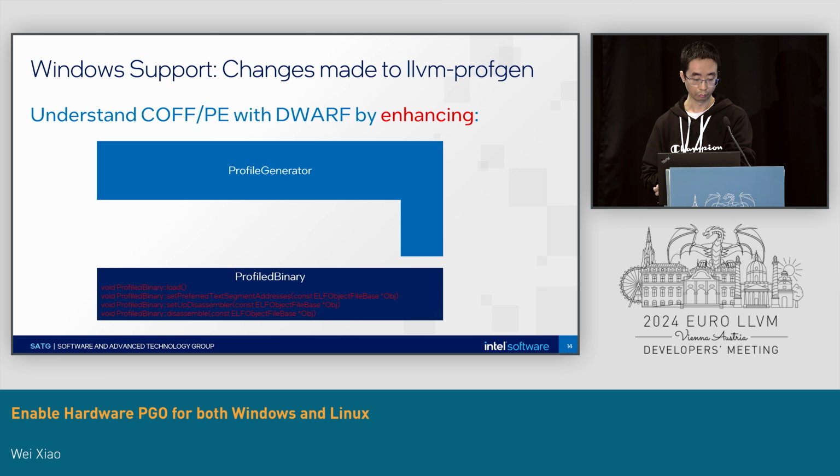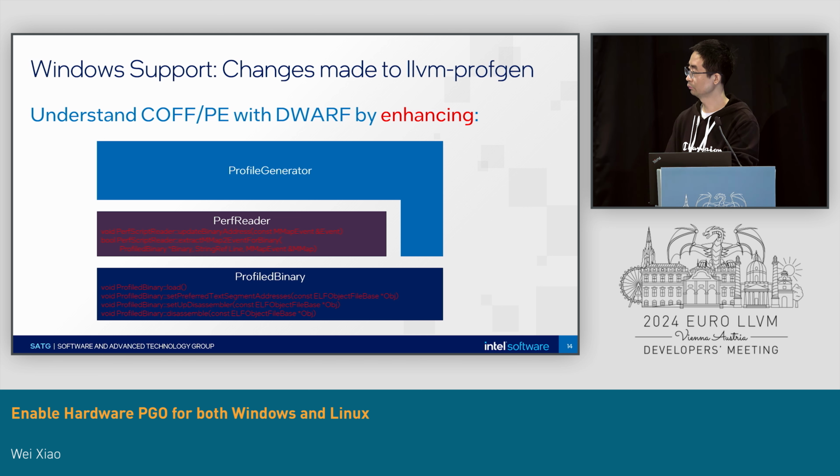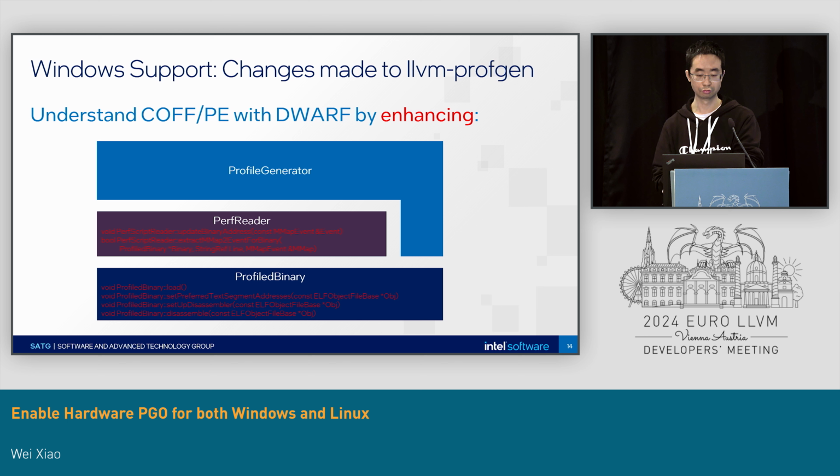The second one is the perf reader. We improved it to work properly with the output generated by SEP. With all of this work, we finally made sampling-based PGO, or hardware PGO, work on Windows, and all of the patches have been upstreamed.